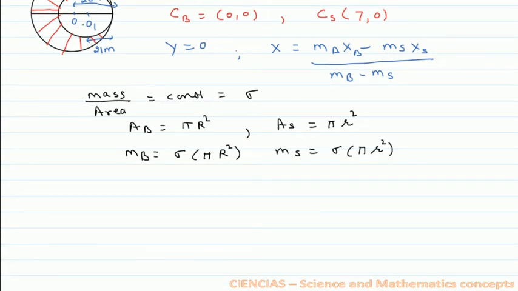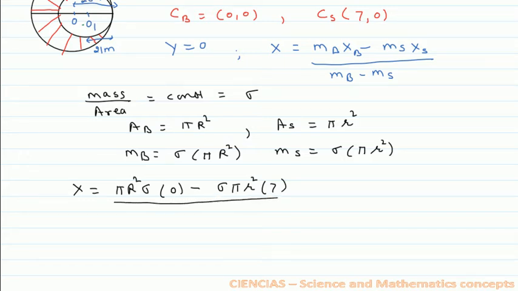So x will be equal to mass of big plate, that is pi R square sigma into x. X for big plate is 0, minus sigma pi r square into x of small, which is 7, divided by sigma pi R square minus sigma pi small r square.